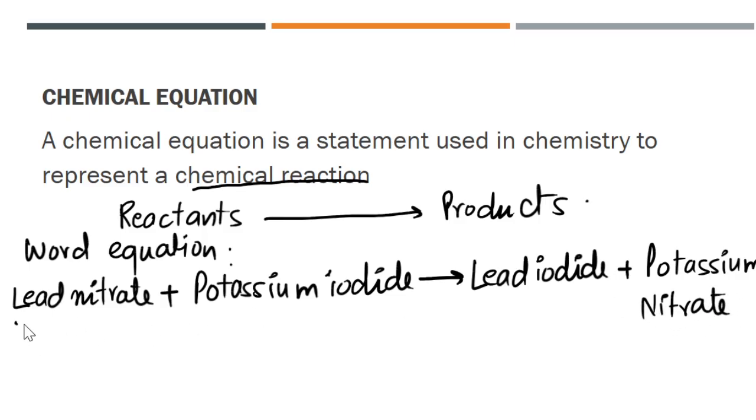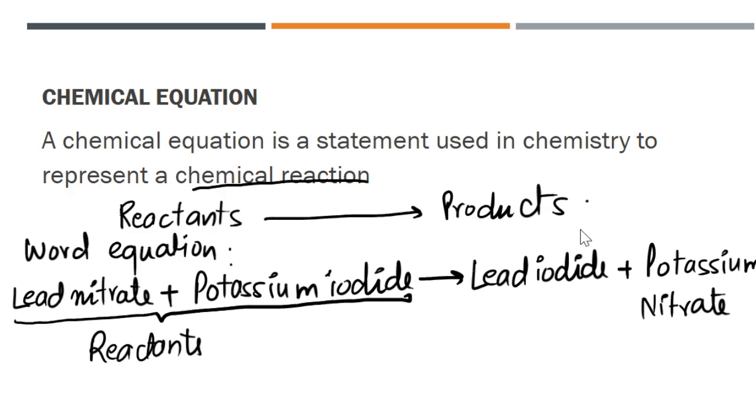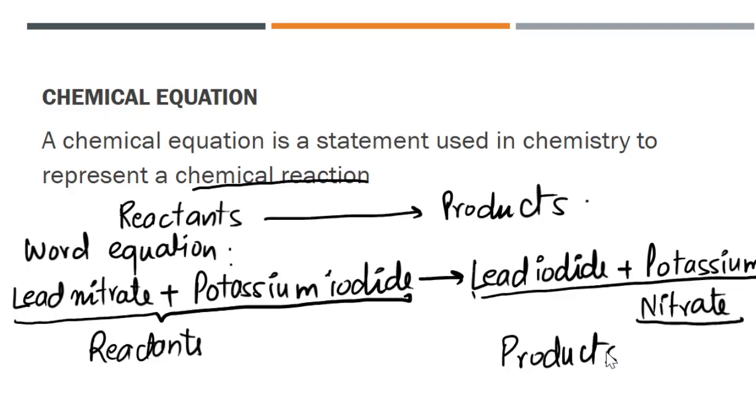The components which are written towards the left are known as reactants, and the components which are written towards the right hand side are known as the products.